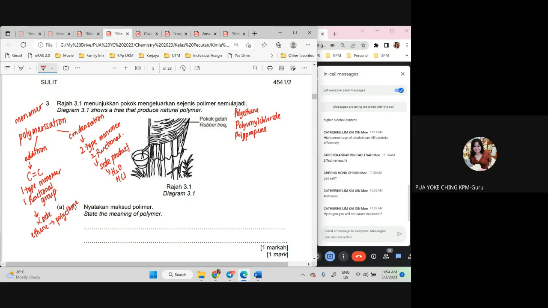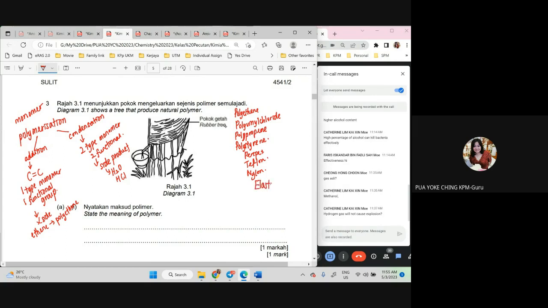These are the ones that usually come out: polyethylene, polyvinyl chloride, polypropylene, polystyrene, perspex, Teflon, nylon. Okay. What are their uses, what are their characteristics, what is their monomer. Okay, so this is monomer. Then we have the three types, right?